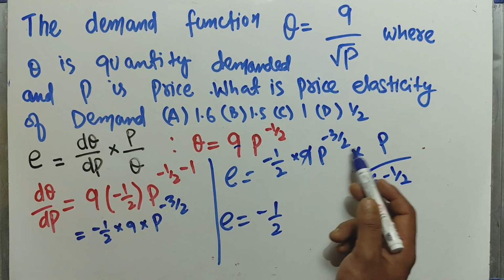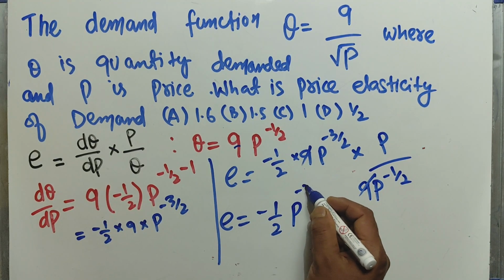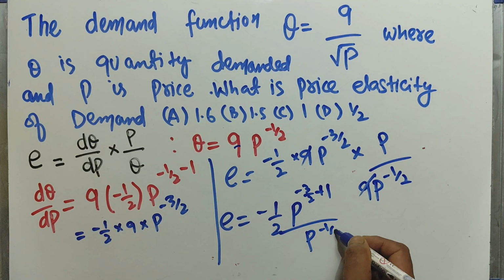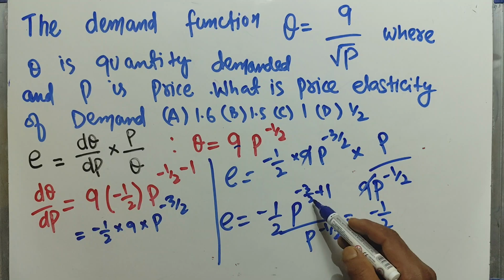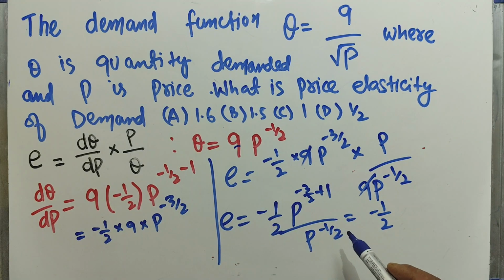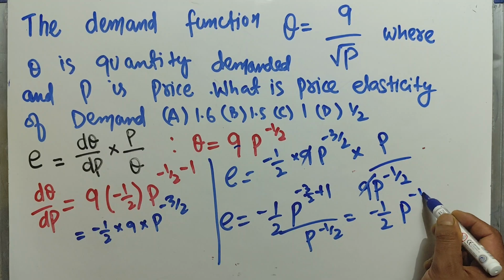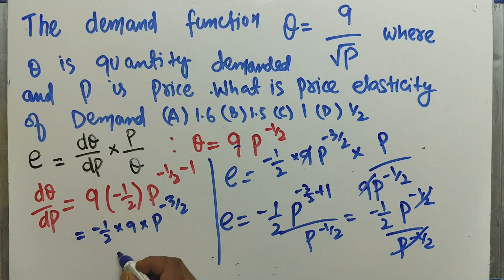Then the bases are the same, so we can add the exponents: p raised power minus 3 upon 2 plus 1, divided by p raised power minus 1 upon 2. Minus 3 upon 2 plus 1 becomes p raised power minus 1 upon 2, and we have p raised power minus 1 upon 2 in the denominator, so this gets cancelled. Elasticity of demand comes out to be minus 1 upon 2.